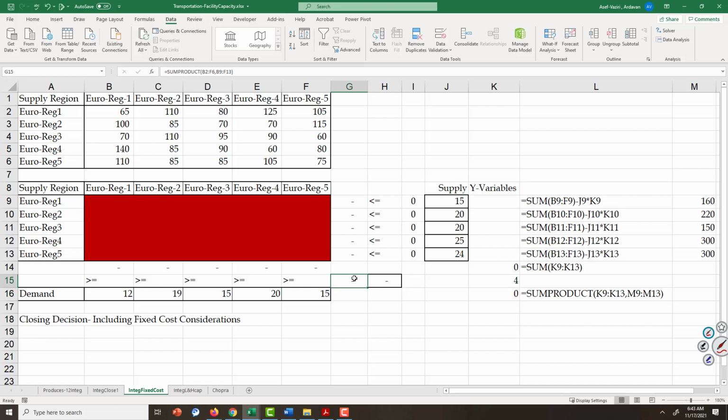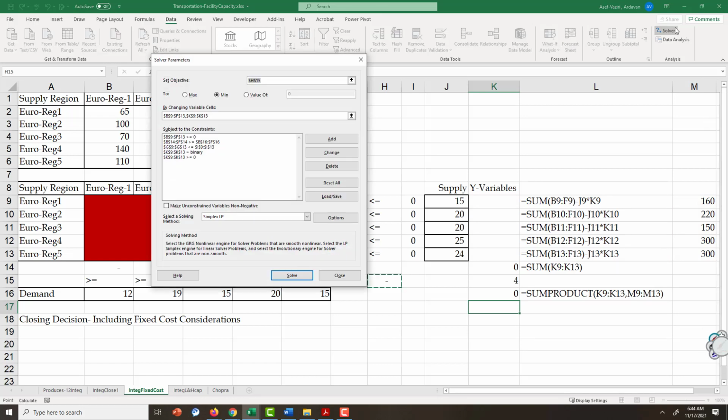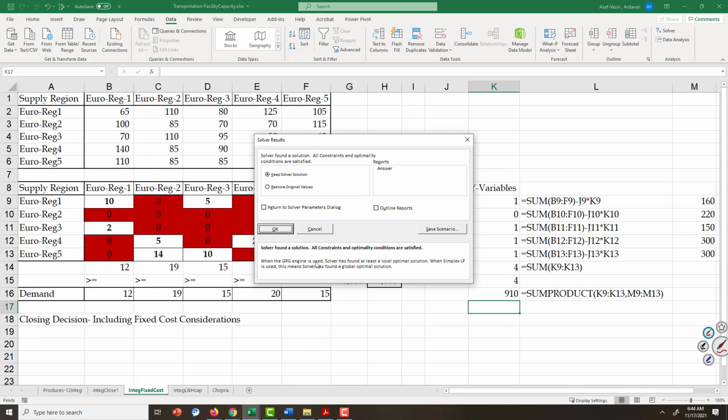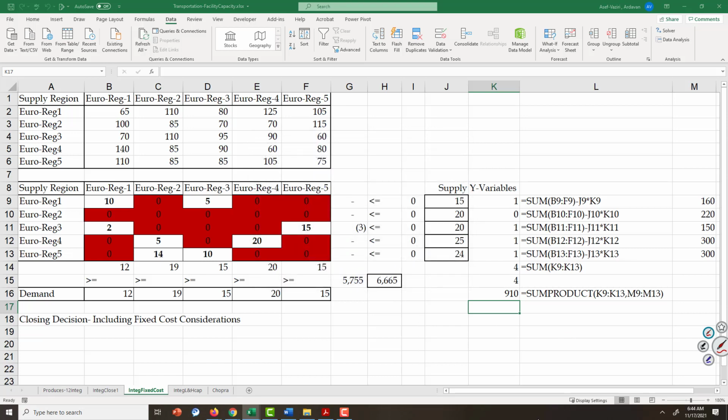And my previous objective function was transportation costs. So that is the total transportation costs plus the total operational costs. Solve, and that is our objective function value.